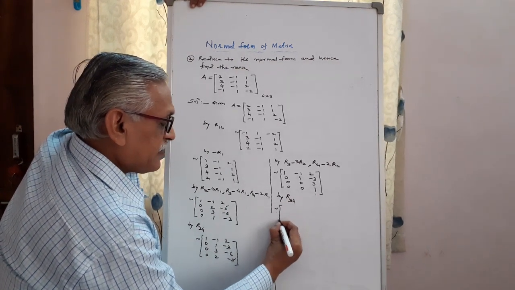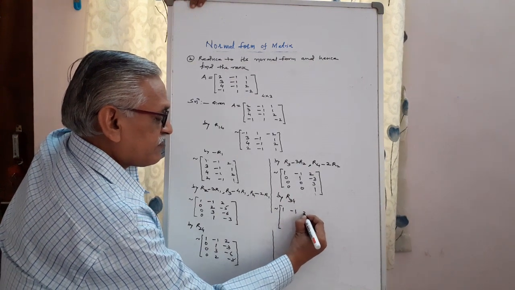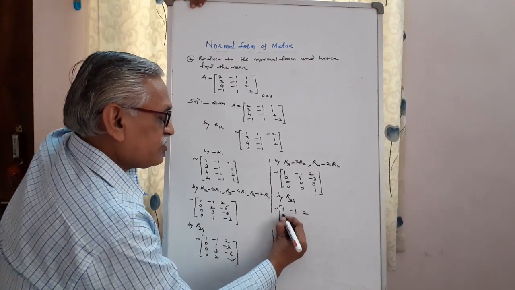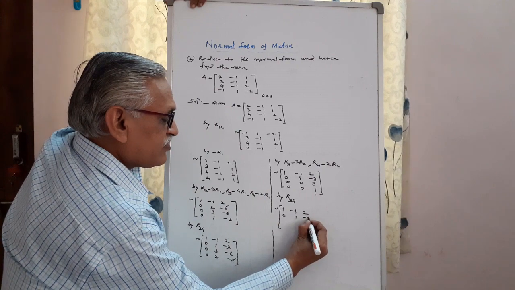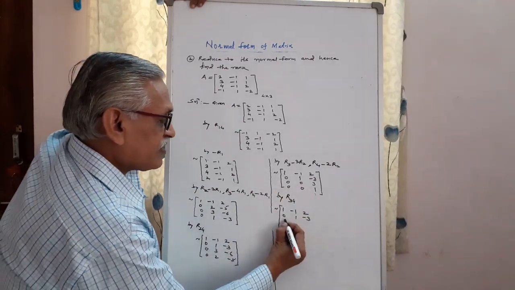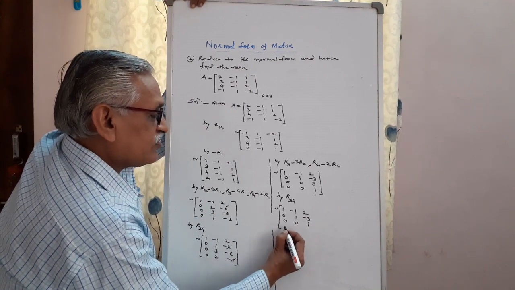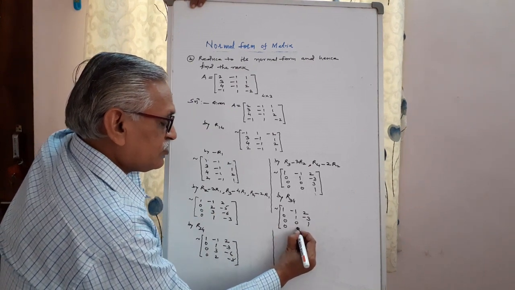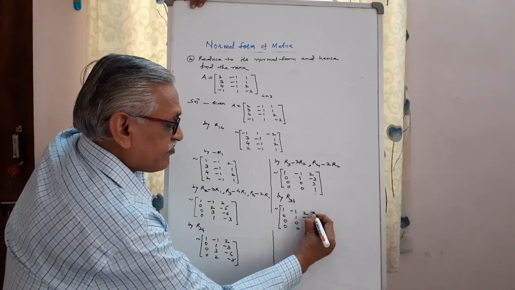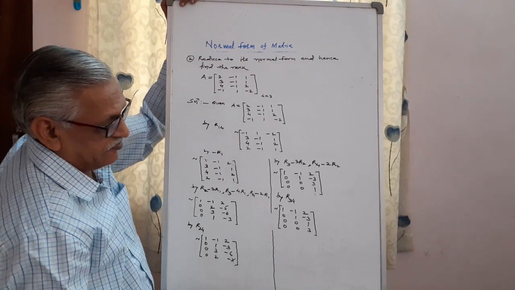We get the first row no change, the second also no change, 0, 1, -3, then the third becomes 0, 0, 1, and the fourth 0, 0, 3.